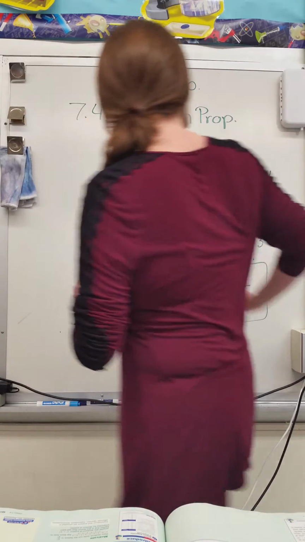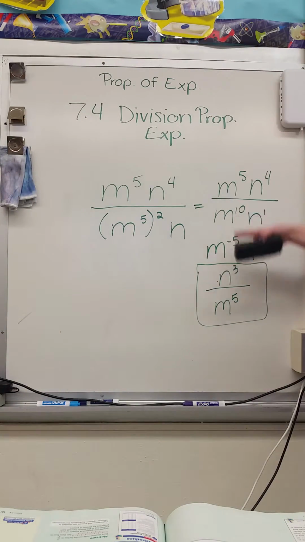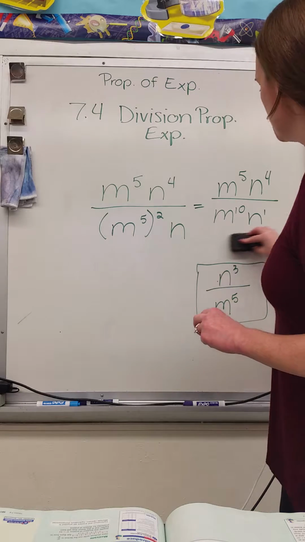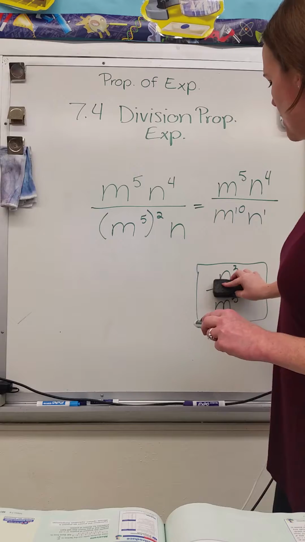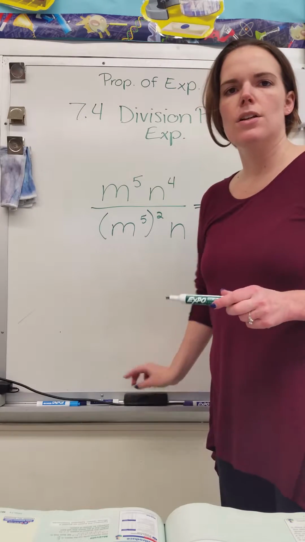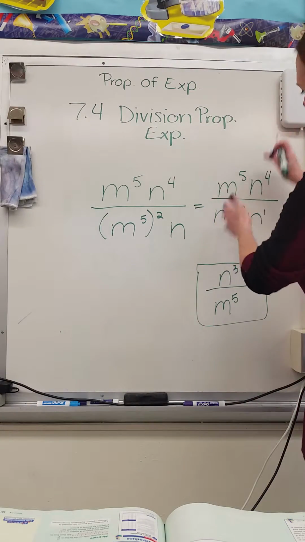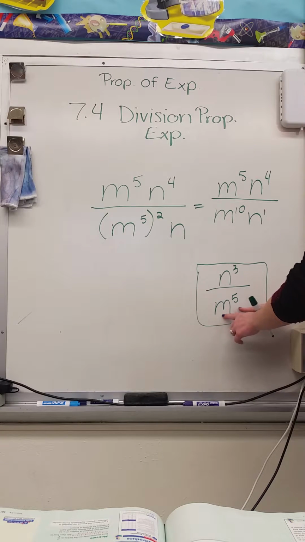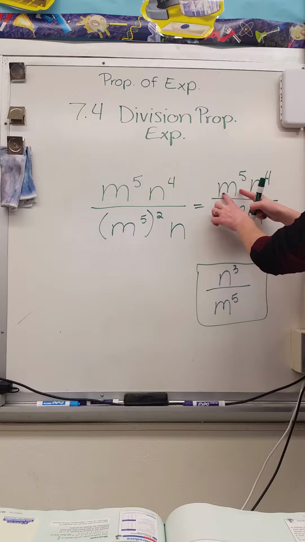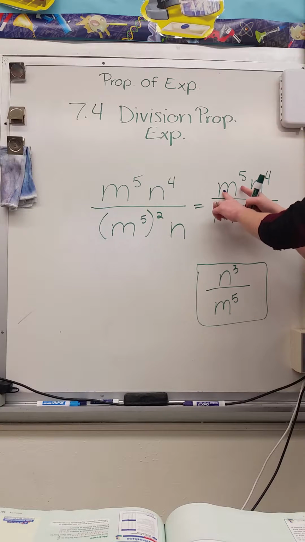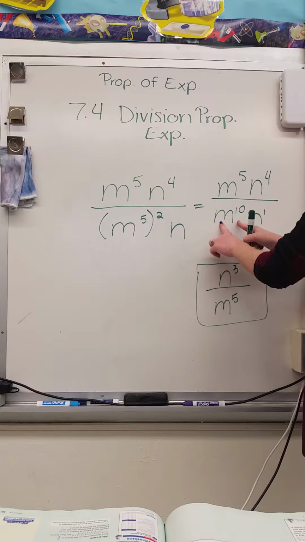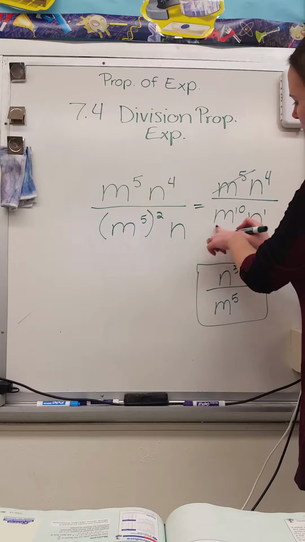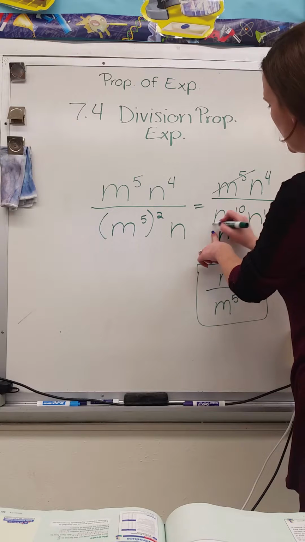This is just according to the division property rule. I also found it easier, after I got more comfortable with this, knowing that wherever the bigger number was, on top or bottom, that's where you were still going to have the m's. If you think about how there's 5 m's up here and 10 m's down here, then these 5 m's are going to cancel, leaving you with just m to the 5 down here.